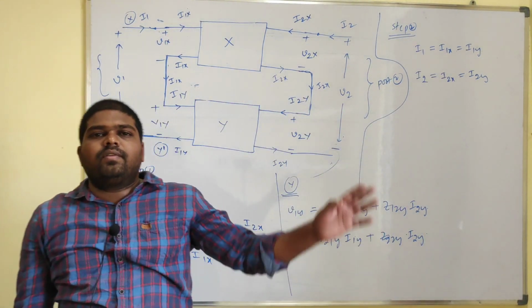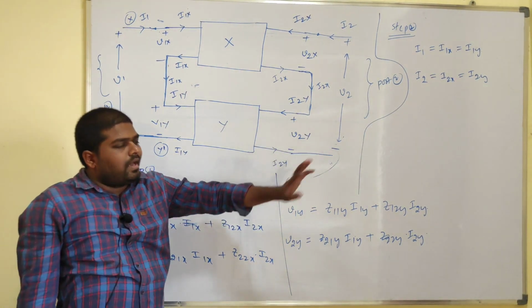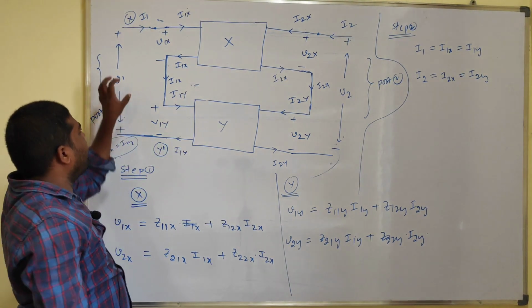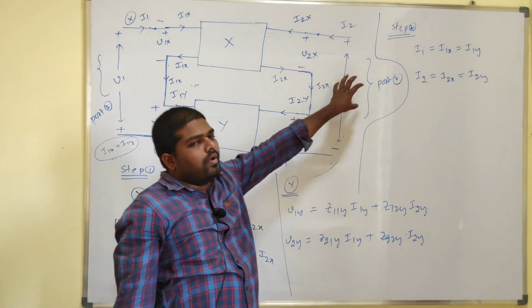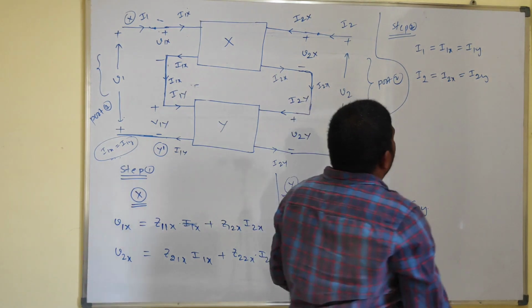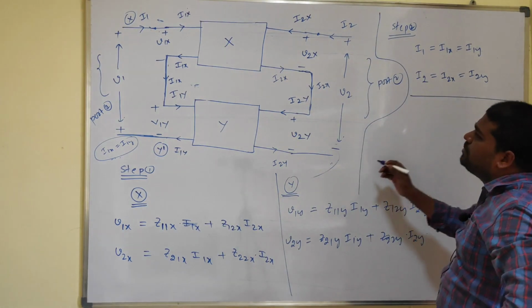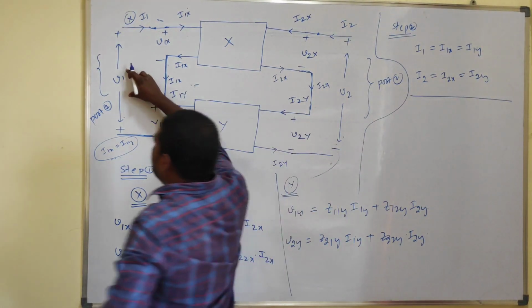So we can define the I1 value as well as the I2 value. Next, what about the voltage values, V1 and V2? Now let's observe here. This is voltage V1.